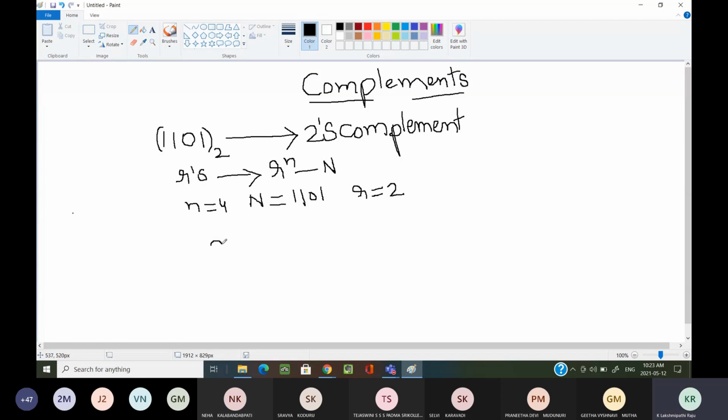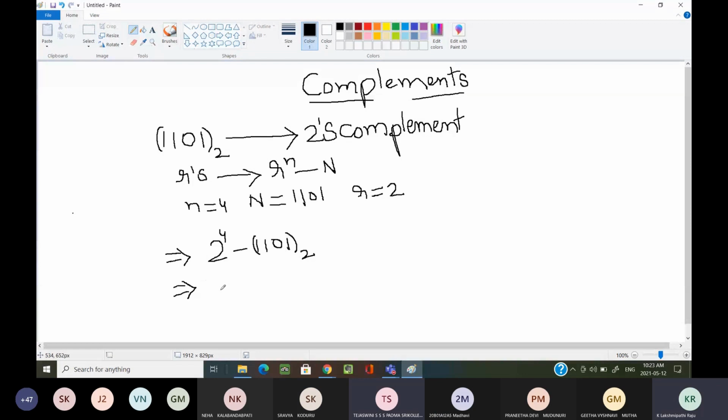Now, 2 power 4 minus 1101. What are we getting here? 16, sir.